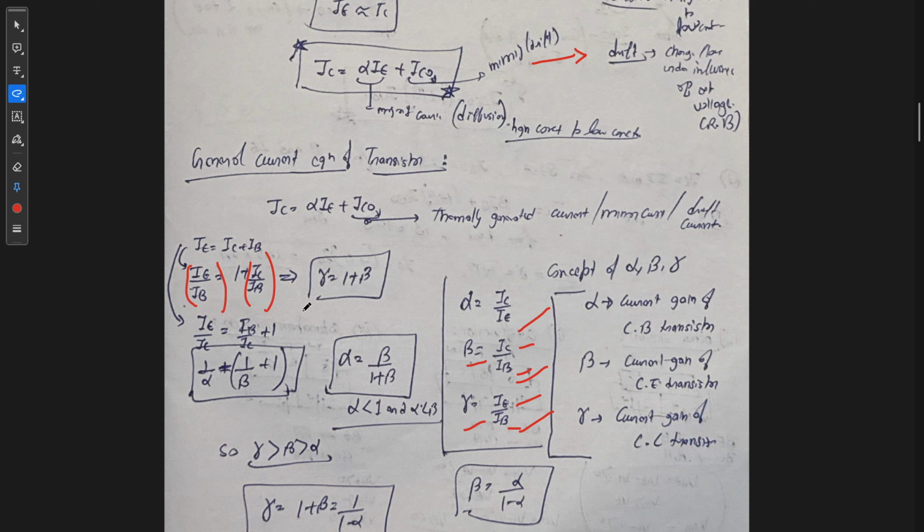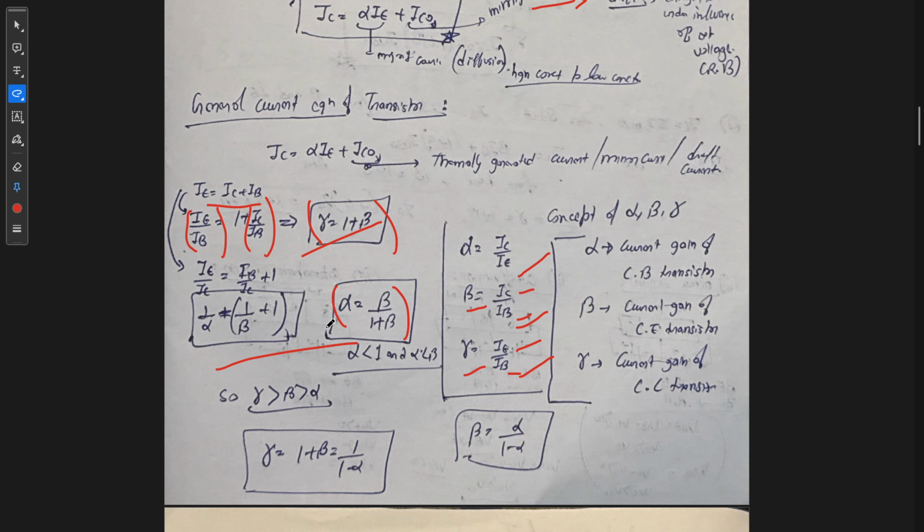So we will get this equation, and if we divide the first equation by IC on both sides, we will get this relation, the relation between alpha and beta, and the previous one was the relation between gamma and beta. From this relation, it is clear that alpha will always be less than 1, as it is beta upon 1 plus beta, and alpha will also always be less than beta.